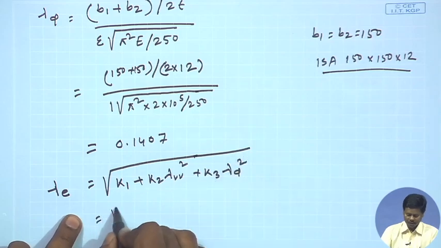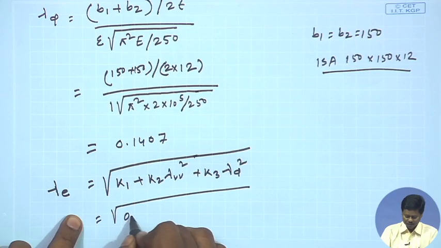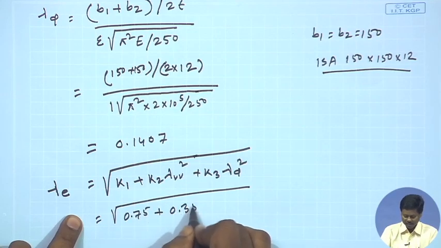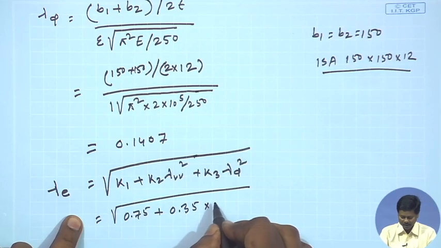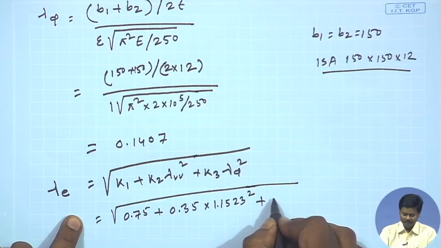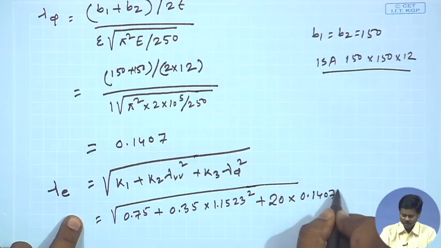If we put the values, K1 was 0.75, K2 was 0.35 and lambda Vv we have calculated as 1.1523 square, plus K3 was 20 into lambda phi 0.1407 square.